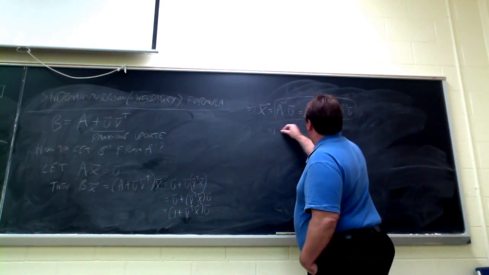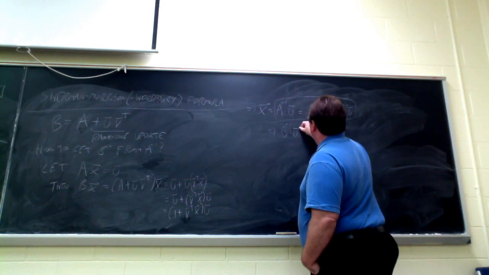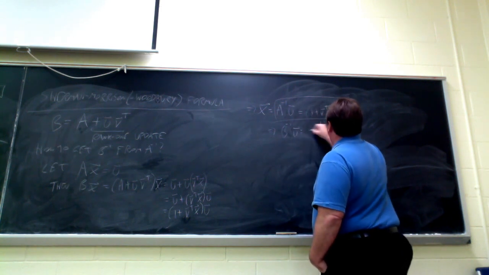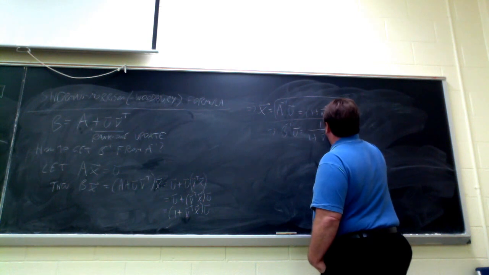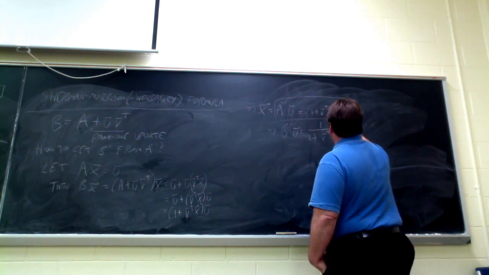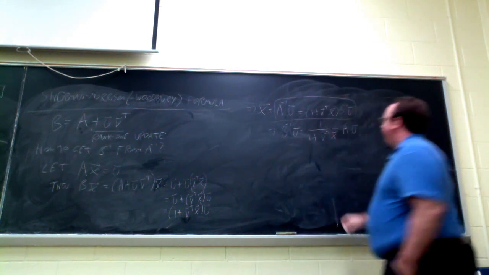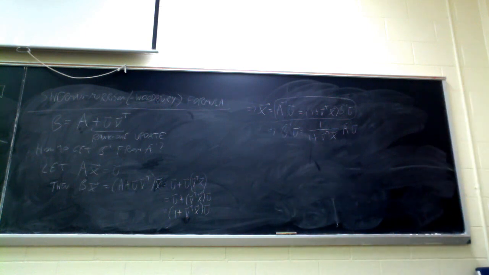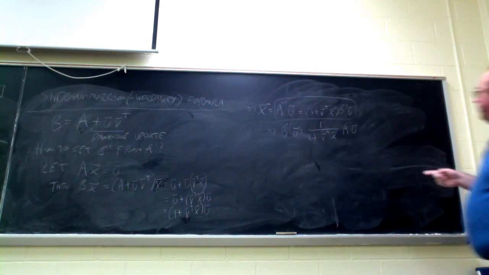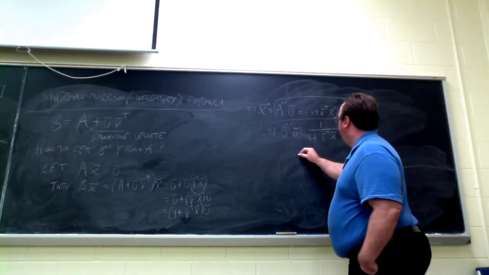So B inverse U is equal to 1 over 1 plus V transpose X times A inverse U. And then finally, I have an X sitting there, but I can replace the X with A inverse U.